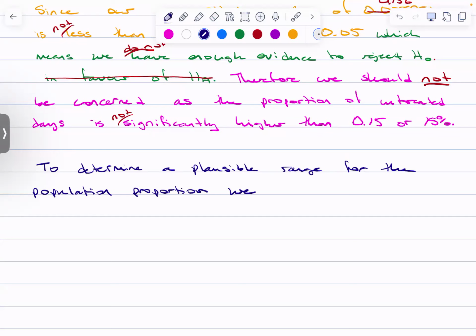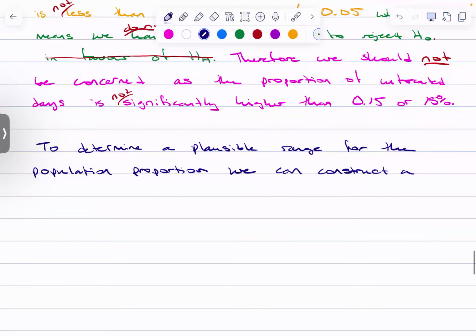right? Because that gives us, okay, so it's higher than 15%. That's okay, great, or bad, I guess. But now we want to know, okay, well then what is it, right? Based off of your sample, what do you think it could reasonably be, right? And so that's where we can, to determine a plausible range for the population proportion, construct a confidence interval.